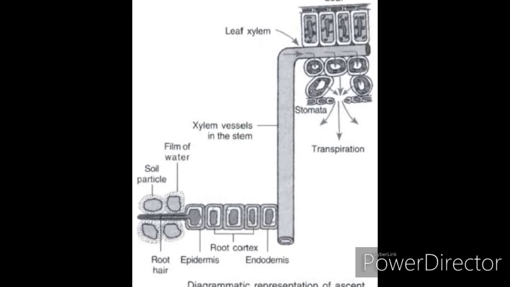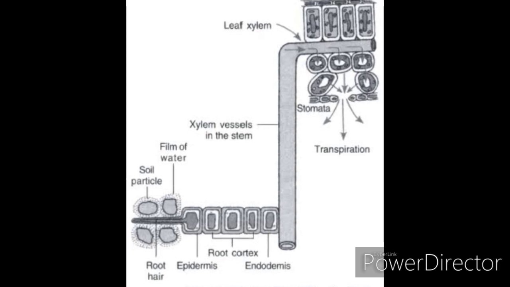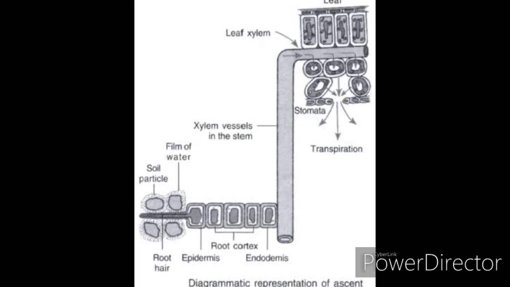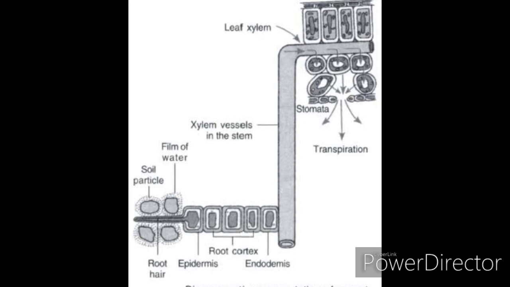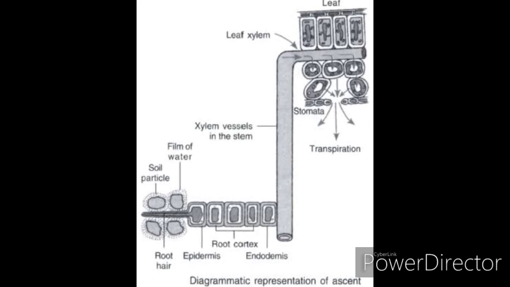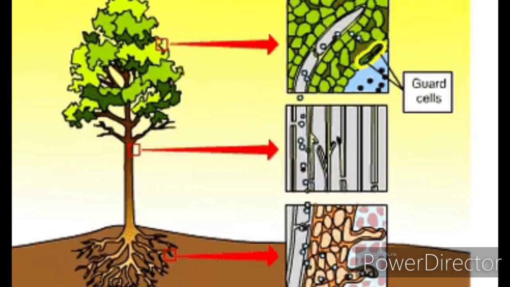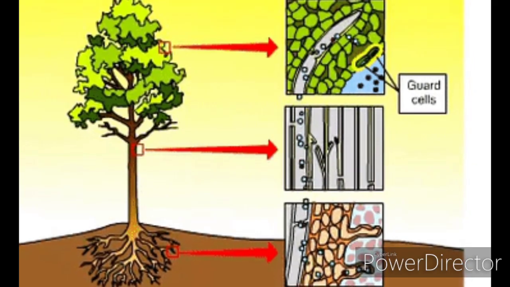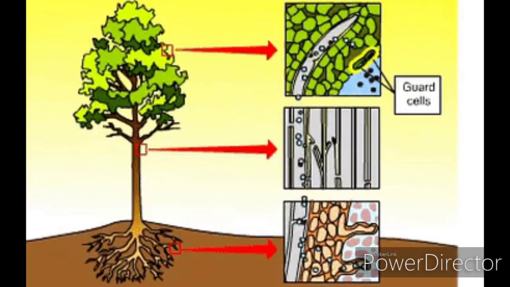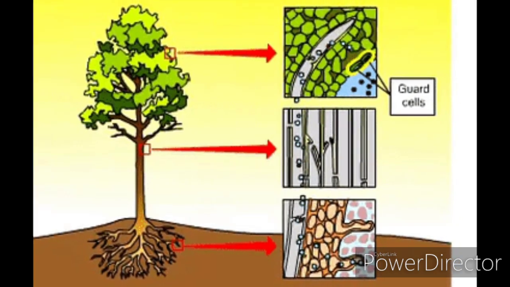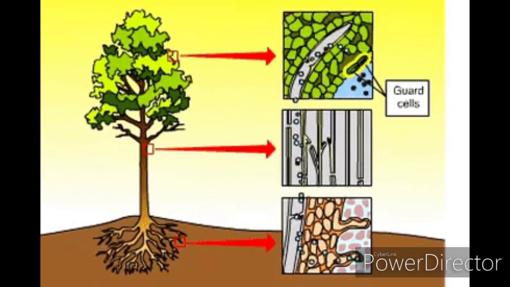Now comes the third step, that is the conduction of water, which is also called ascent of sap from the roots to the leaves. So this upward movement of water and minerals through the stem up to the leaves is called the ascent of sap. The water that is absorbed by the root is also called the sap.